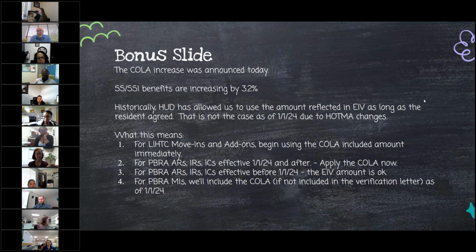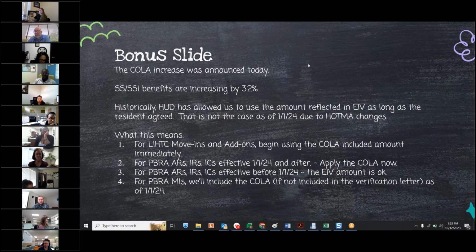In the past, we've had the ability to use whatever was on EIV. With HOTMA, however, that changes what we're allowed to do. So here are the 4 situations for tax credit move-ins and add-ons. We'll start adding that COLA immediately for tax credit income calculations. For PBRA ARs, IRs, or ICs effective 1/1/24 or later, we'll also start applying that COLA immediately.